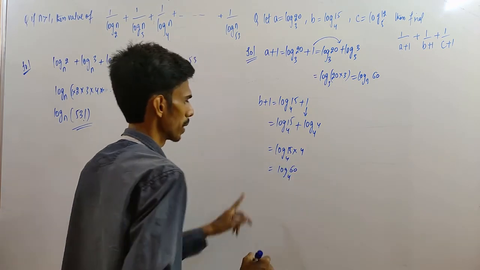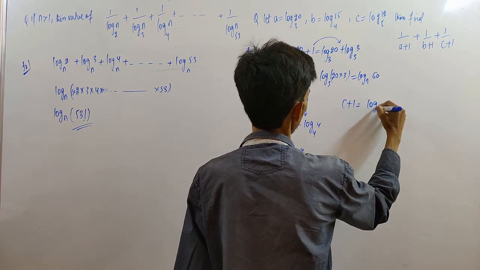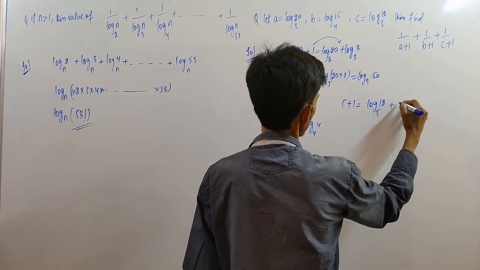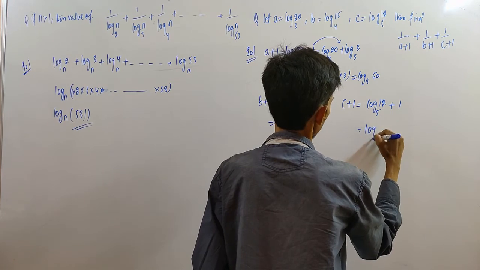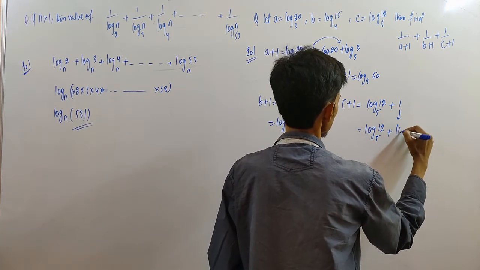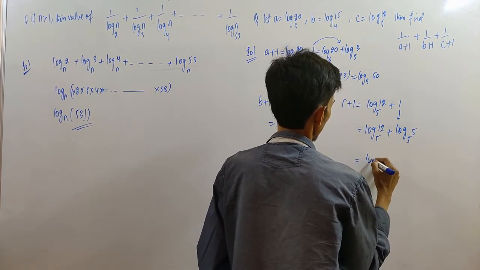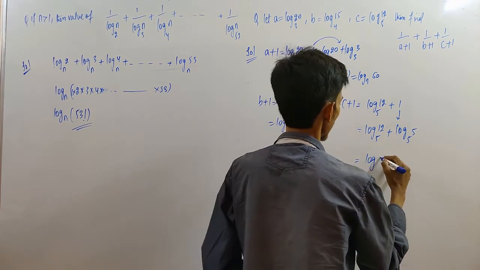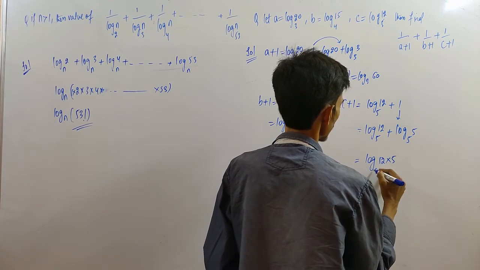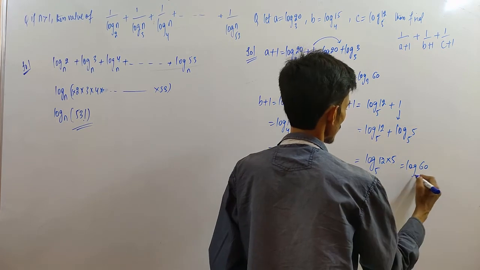So this is the b plus 1 value. Similarly, get the value of c plus 1. The c value is log 12 base 5, plus 1. The value of 1 can be written as log 5 base 5. So sum becomes product, 12 into 5, common base 5, so the value is 60. 12 fives are 60.